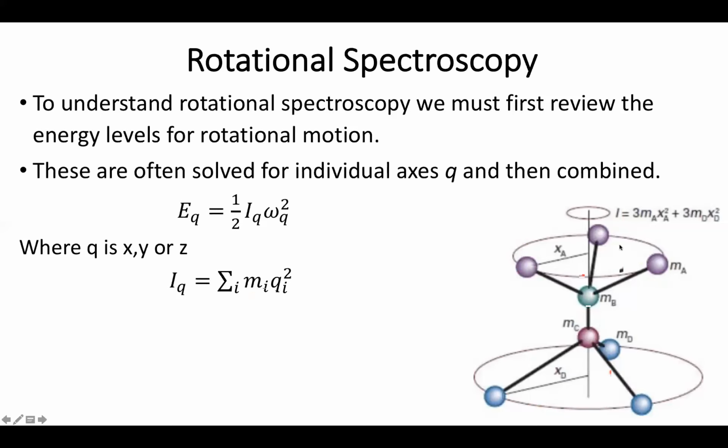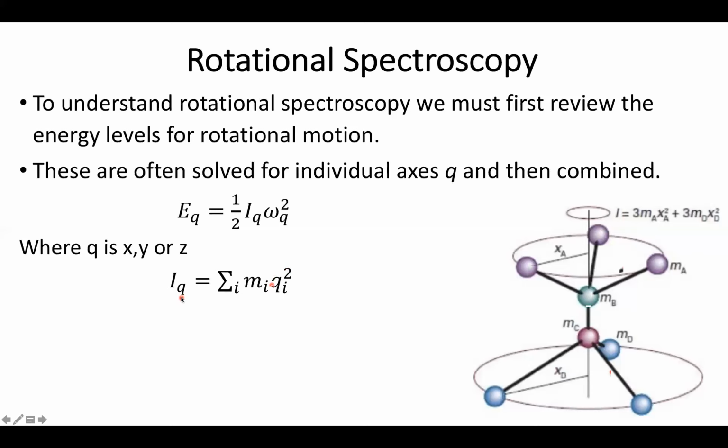So if I've got 3 atoms circling, they'll count 3 times. And again, you're going to need to repeat this process for each of the relevant axes. So here, Q can be the distance from the x-axis, the distance from the y-axis, and the distance from the z-axis. Each one will give you one of your 3 different moments of inertia.